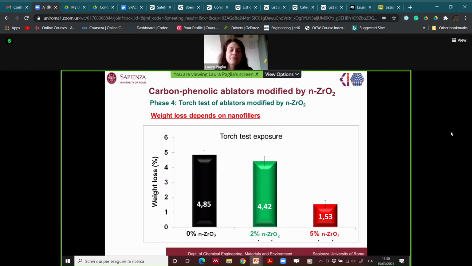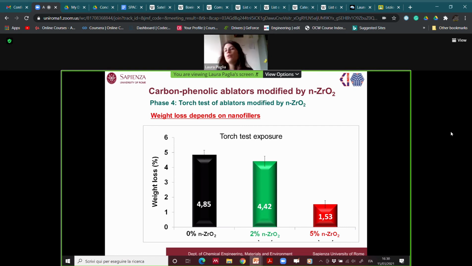Okay, for example, here one important parameter that we observed after an oxyacetylene flame test is the weight loss. In this case, obviously in percentage.